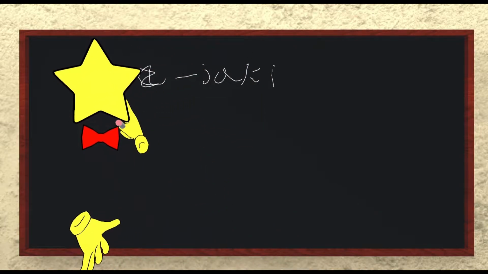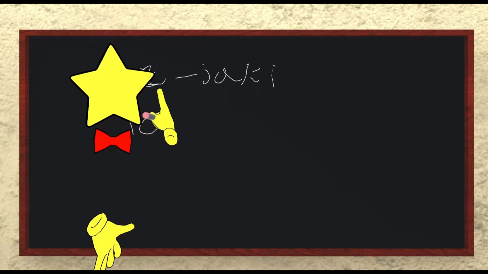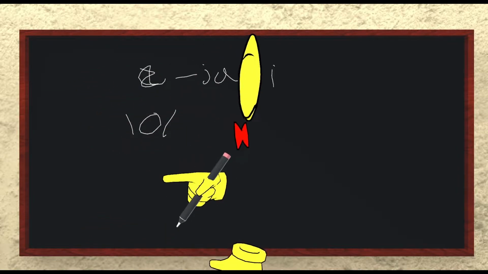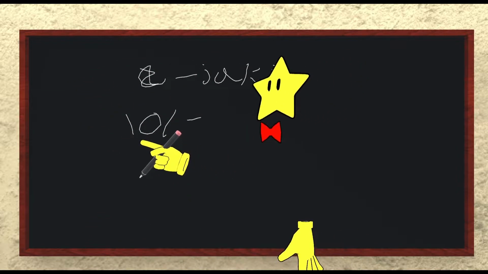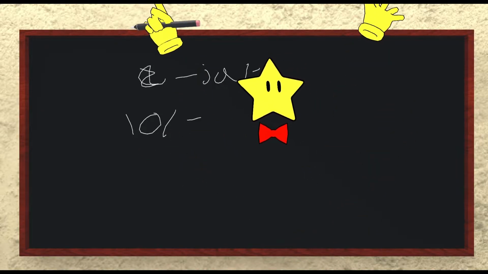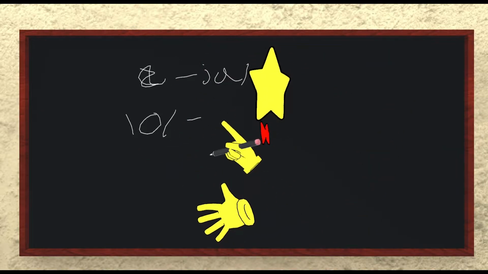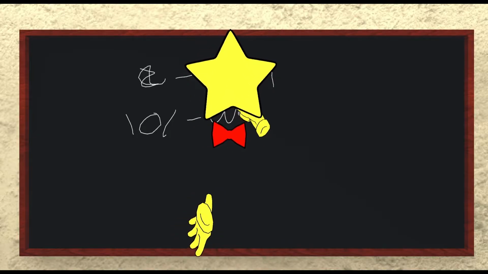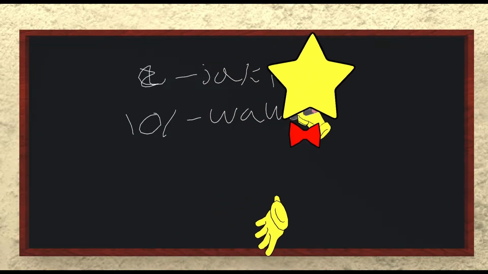Then we have wawa. Wawa is drawn with a person's head and their arms raised over their head like this. And it's spelled W-A-W-A.